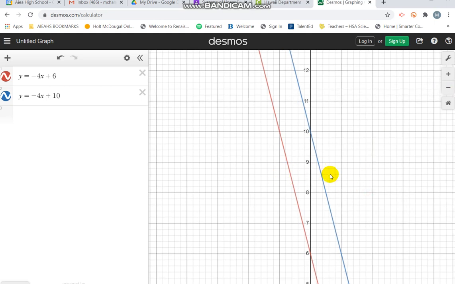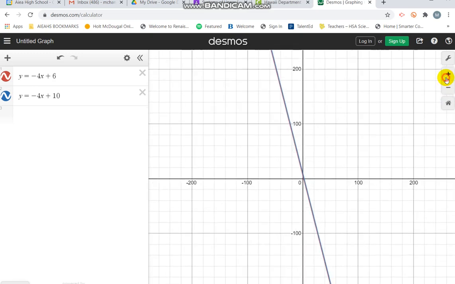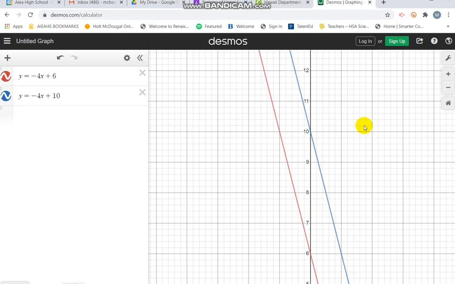It may be a little geometry concept that you may have forgotten, but whenever you have a case where the lines are parallel, there's no point of intersection for these graphs. As we zoom out, it looks like they're getting closer and closer, but they're not. They're always going to be parallel with each other. So in other words, there is no solution for this particular problem because the lines will never intersect with each other. Okay?